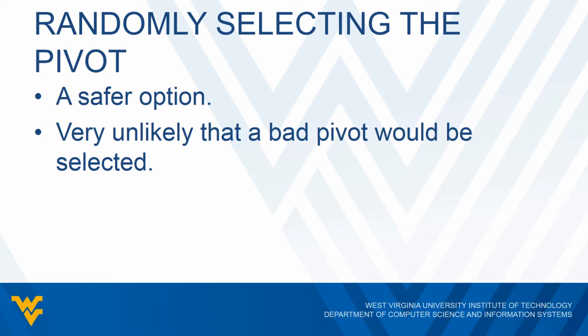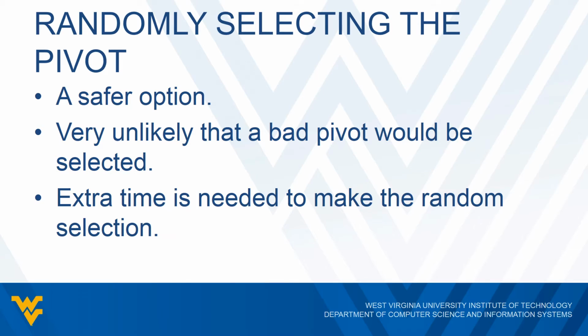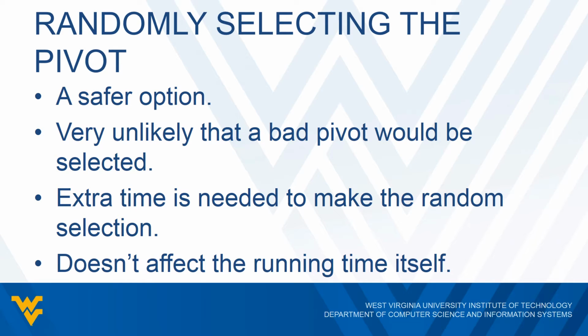Now, the one issue with random selection is that there's extra time that we need in order to pick the random element. I mean, we have to add some extra code to do that random selection. However, it doesn't affect the running time itself. So we could do this, and with high probability it'll work. We will have a good pivot, but there's just a little extra time that's needed to make that happen.